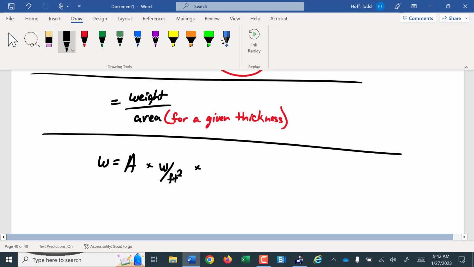And then your textbook here, the Industrial Mechanics, uses times Q, where Q is just the number of sheets. Other textbooks I've seen just do the area times the weight per square foot. You get the weight of each sheet, and then you could multiply by the number of sheets later. So it really doesn't matter.